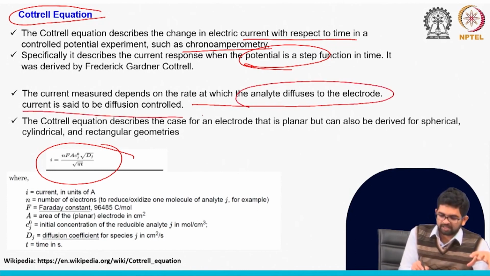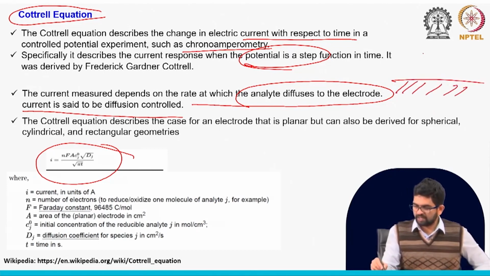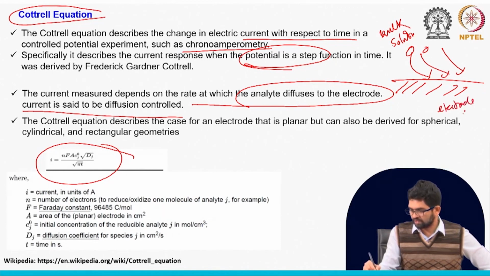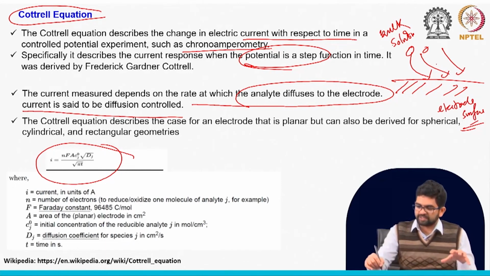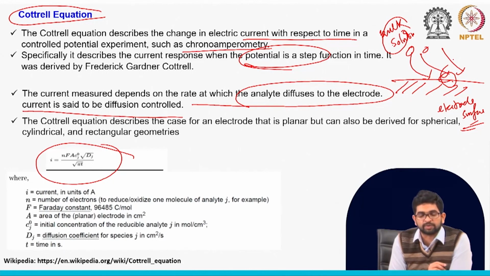Suppose you have the electrode surface and some analyte is diffusing through the bulk solution towards your electrode surface. When material diffuses from the bulk to the electrode surface, different parameters and conditions can affect your current with respect to time.